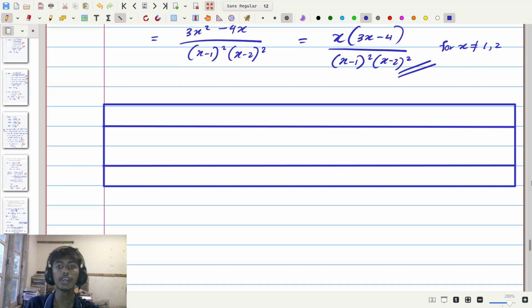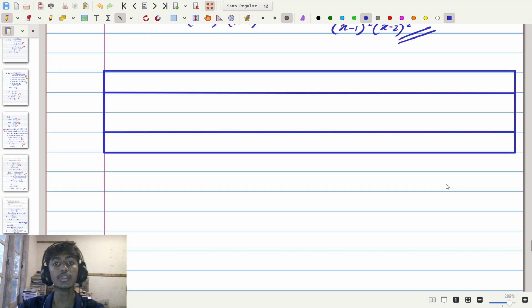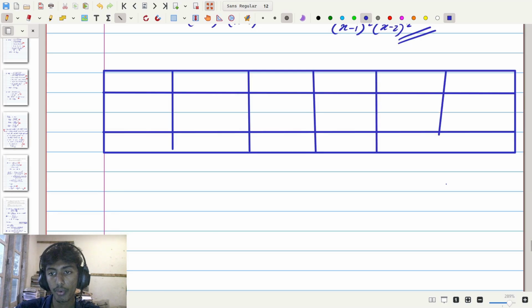So we'll draw a table like this with 3 rows, 1, 2, and 3. And in this case, since we have 4 points of interest, we're going to have 5 regions in between those 4 points up to infinity. So therefore, we're going to have 5 total columns here. We're going to have the first column, which is of course going to be classifying what each of these rows is, and then we're going to have 5 columns: 1, 2, 3, 4, and 5. Now, the first row is going to be the range of x.